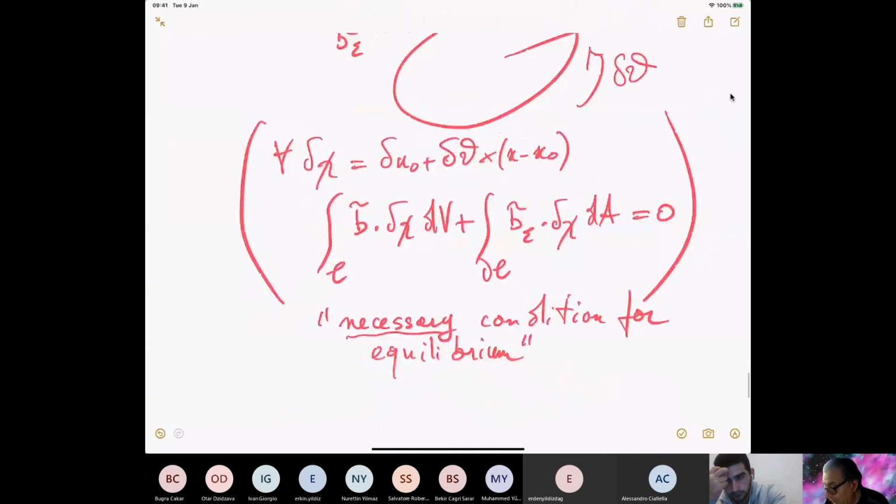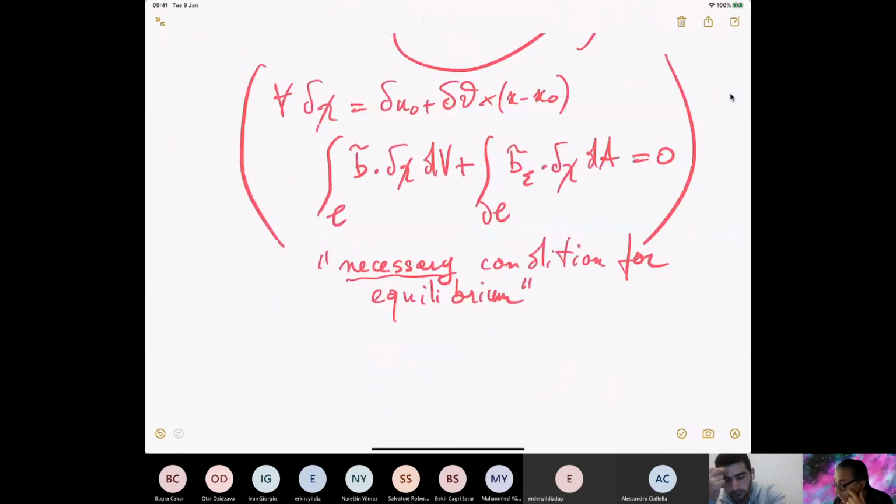We cannot, because we are considering only a particular subclass of delta keys. Which subclass of delta keys? Non-deforming delta keys.